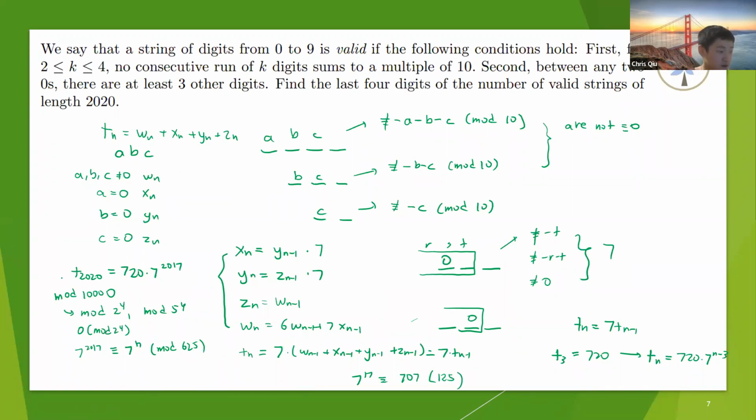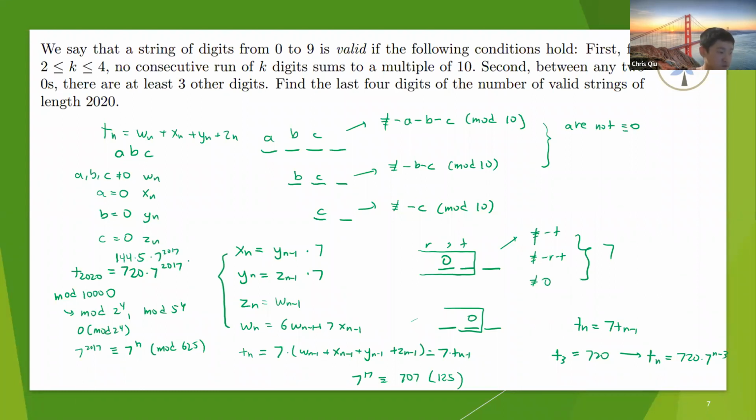That means that if we take this thing mod 625, 720 is equal to 144 times 5 times 7 to the power of 2017.